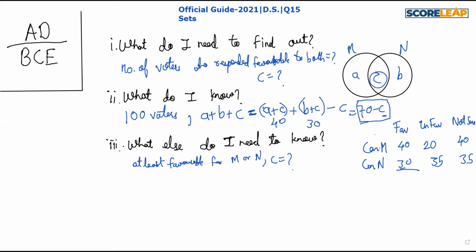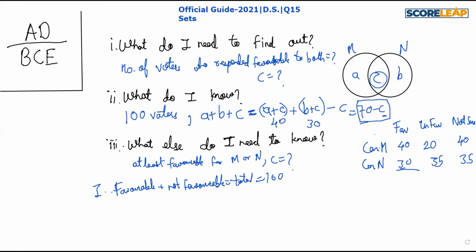Okay, so what does the first statement say? Let us directly jump to the first statement. It says the number of voters who did not respond favorable for either candidate was 40. So favorable plus not favorable will be the total, and the total we have is 100.